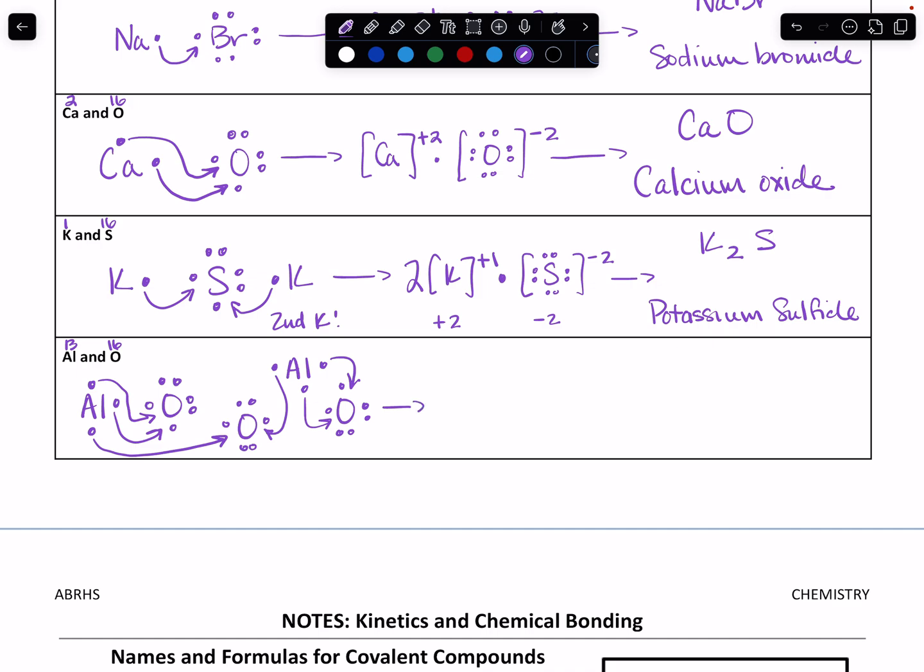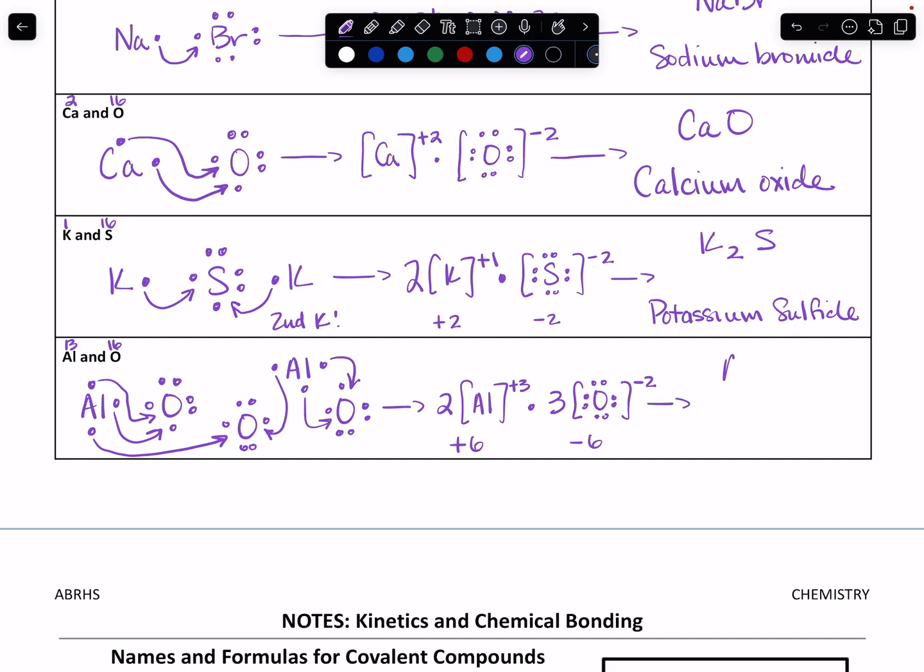Now, I used 2 aluminum atoms. So 2 in front of the Al symbol with a +3 on the outside because they each gave away 3 electrons. I used 3 oxygen atoms, and each one of those ions now has a full octet and a -2 charge. So I have a +6 total charge for my cation, a -6 total charge for my anion, giving me an overall neutral molecule.